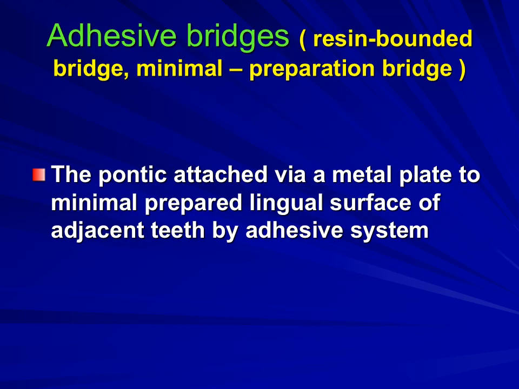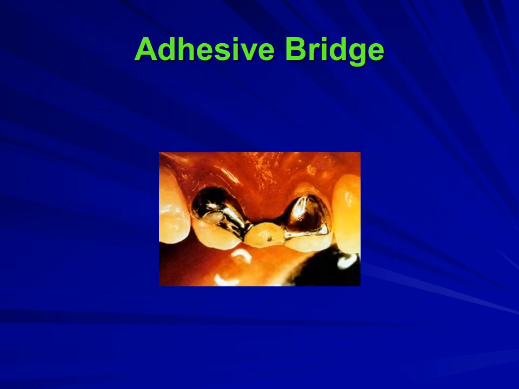Adhesive bridges have many names: resin bonded bridges, minimum preparation bridges. The pontic is attached via a metal plate to the minimally prepared lingual surface of the adjacent teeth by an adhesive system. In this photo, the adhesive bridge, the lingual flange extends onto the palatal surface of the adjacent tooth.